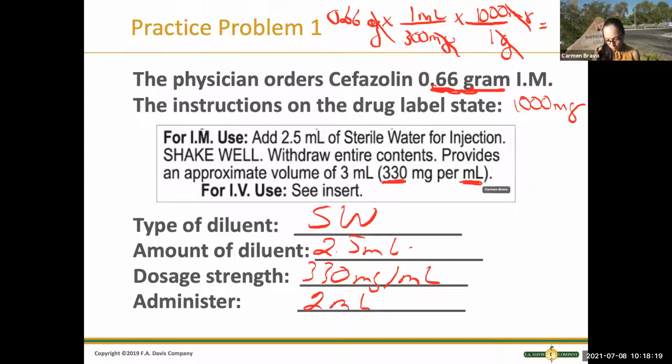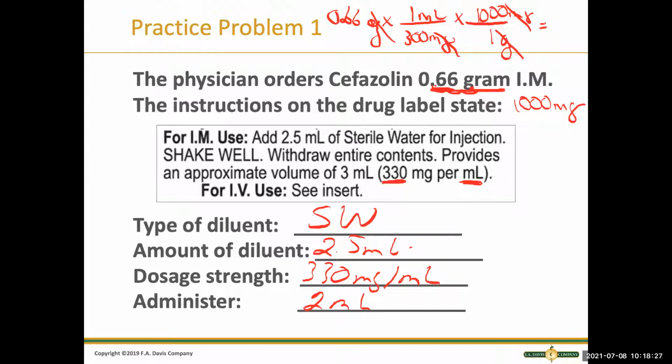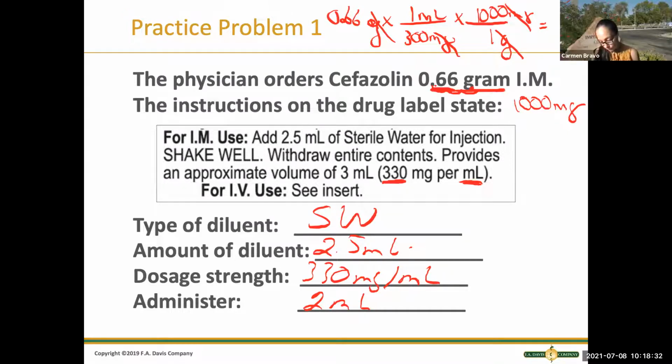Do you want me to work the problem, or are you good with that? I'm good. Okay, so basically when you multiply this by this, you're going to get 2 mLs, okay?